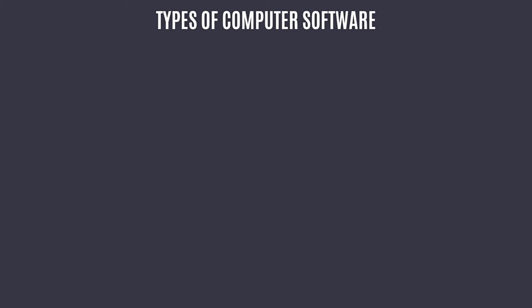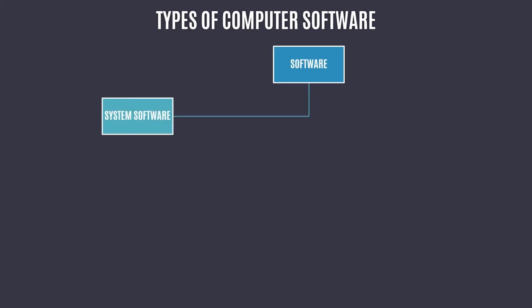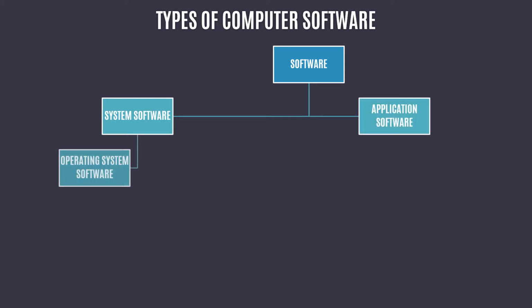Now here is a simple chart. In this chart, we will discuss the types of computer software. Even software is divided into various parts. Let's see that. So software is divided into system software and application software.